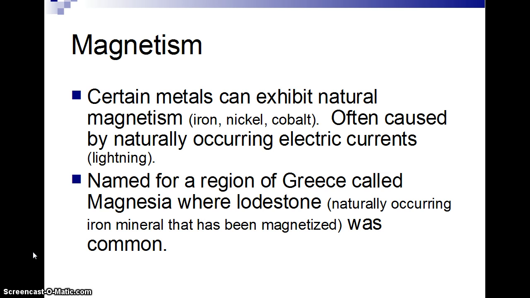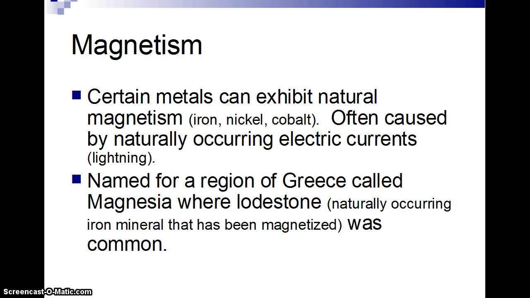Basically magnets occur because in different materials, the spins inside their electrons don't cancel out. For most atoms, the electrons pair up, their magnetic spins cancel out, and each atom is neutral when it comes to magnetism. But certain materials like iron, nickel, and cobalt have a natural magnetic moment.